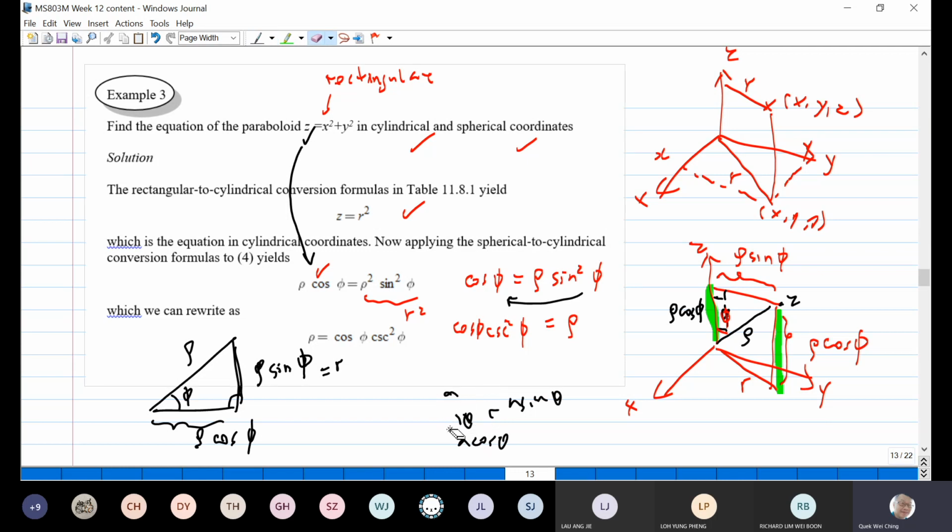Remember the usual way: in polar coordinates, with theta and r, this side will be r cosine theta and this side will be r sine theta. The similarity you can see from here.